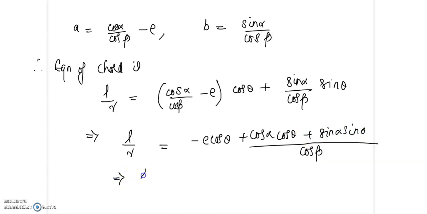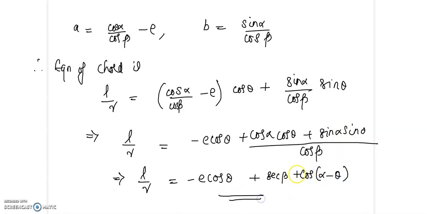So that is L by R equal to minus e cos theta plus 1 by cos beta, which is sec beta, and this is in the form cos a cos b plus sin a sin b, so that will be equal to cos(alpha minus theta).